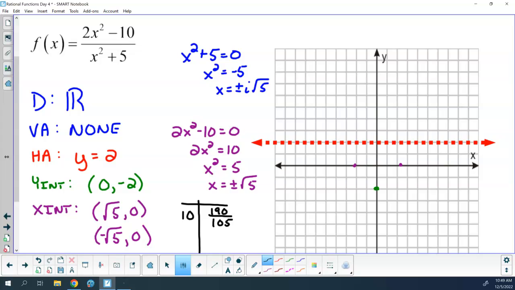Yes? If I plug in -10, I get the exact same thing. So my function is going to come through here, little dip-a-roo.